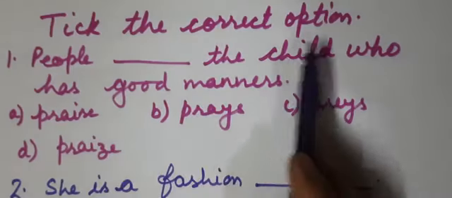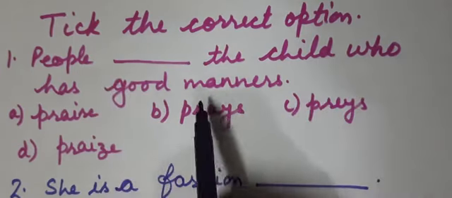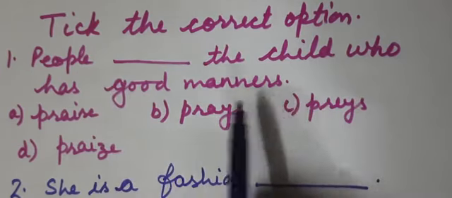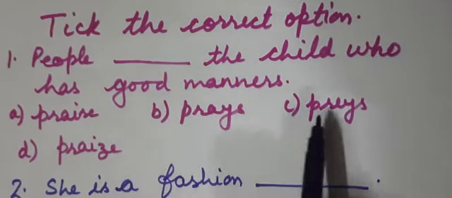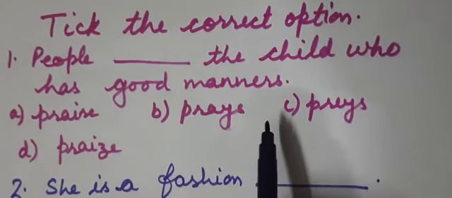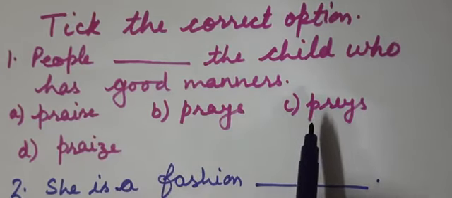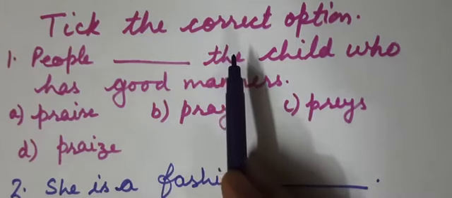Tick the correct option. Number 1: the child who has good manners. So here 4 options are given, which all sound similar, but according to the meaning of the sentence, what will come over here?